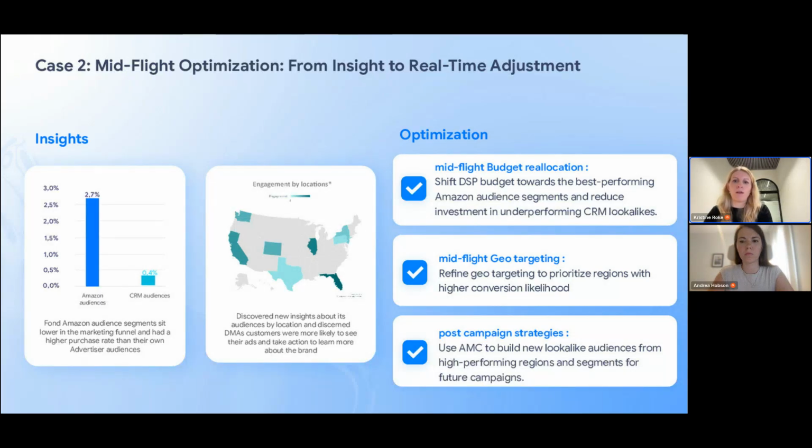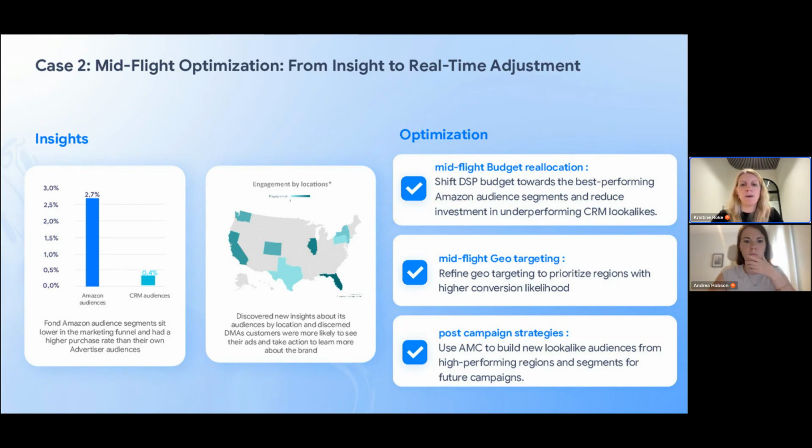So rather than waiting until the end of the campaign to evaluate the performance, AMC gave them the ability to act right away. So they shifted the budget dynamically towards the top performing Amazon audience segments and reduced the spend on the lower performing CRM lists.